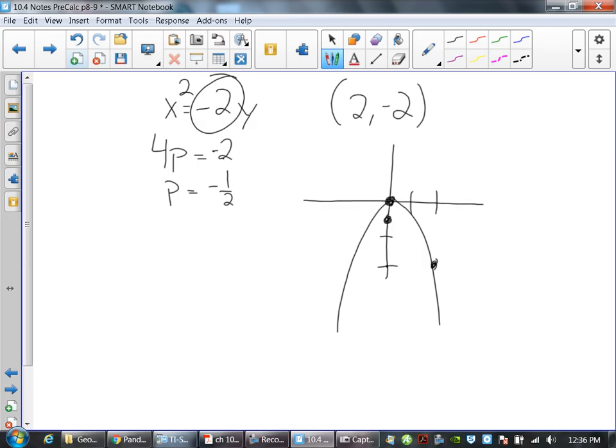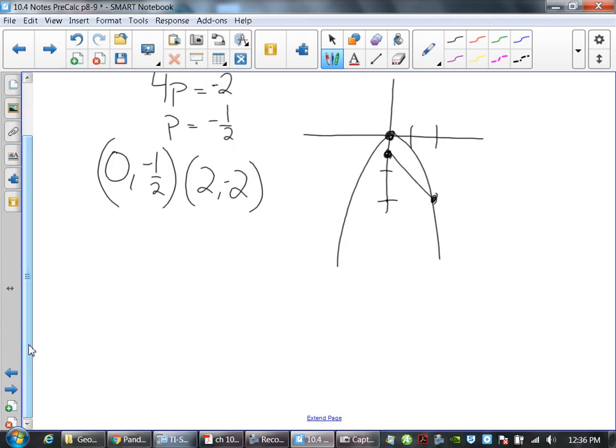So we need to find the distance from the point (0, -1/2) to the other one at (2, -2). We're going to find that distance first.